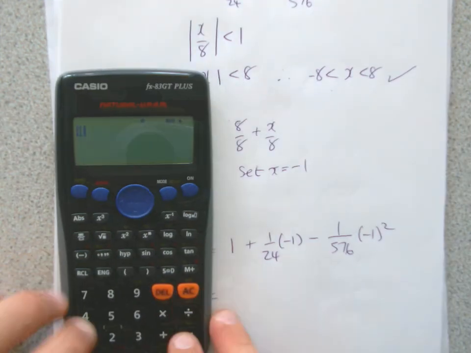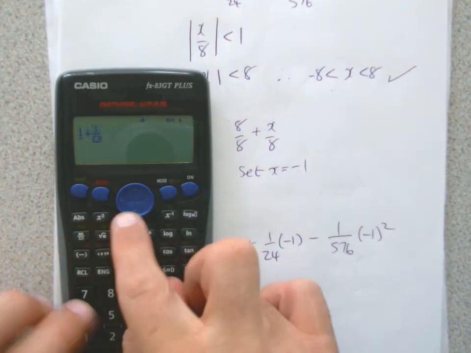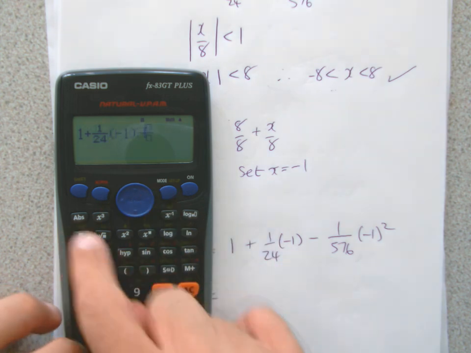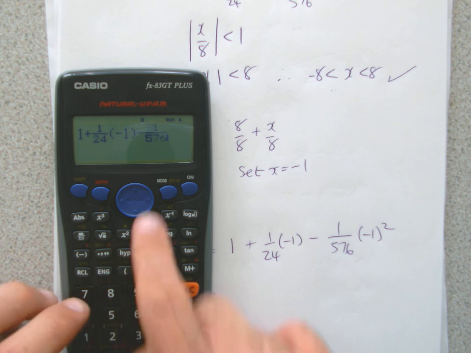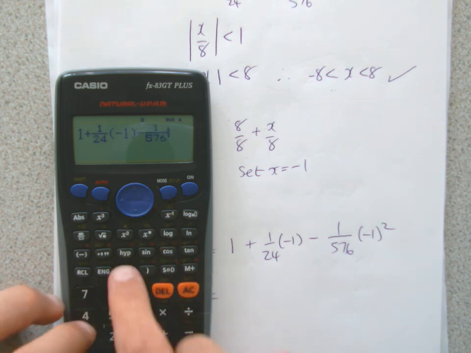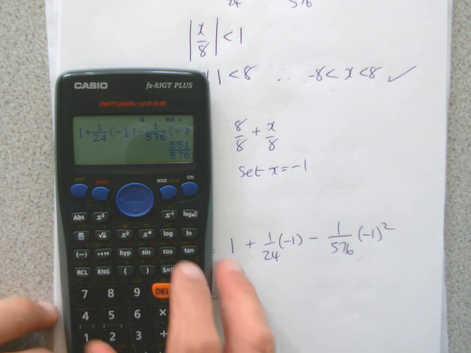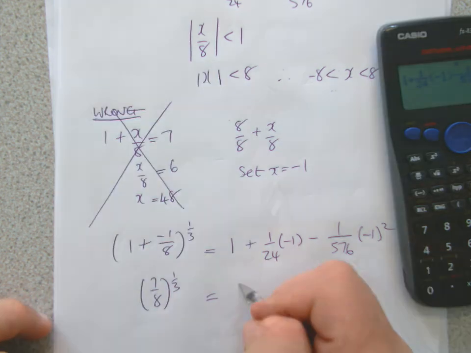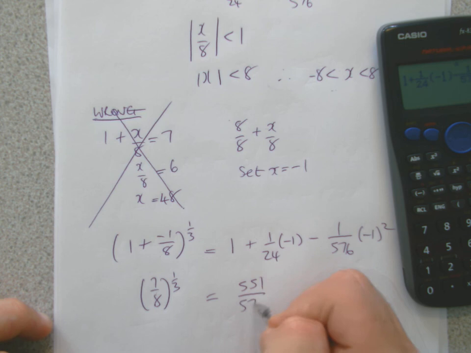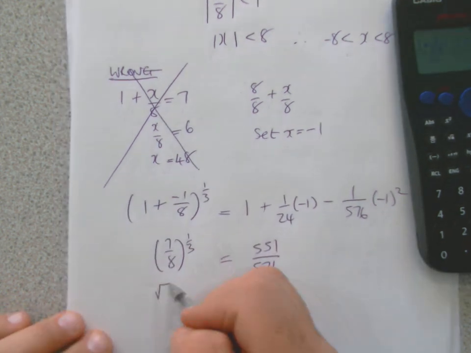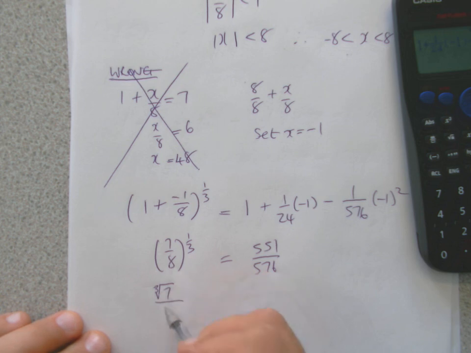So let's work out now this here. 1 plus 1/24 times minus 1, minus 1 over 576, times minus 1 all squared, and that comes out to be 551 over 576. Now, remember that's the cube root, so cube root of 7, and then the bottom cube root of 8.